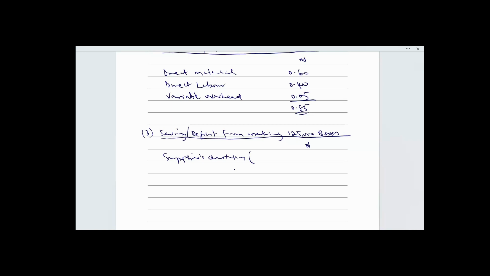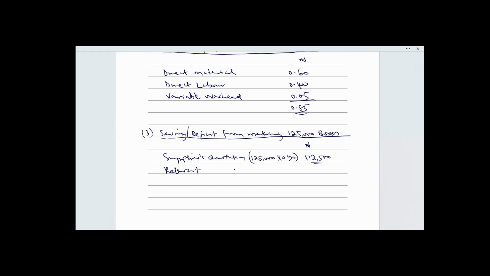We have 125,000 boxes multiplied by the supplier's quotation of 90 kobo. Somebody should give me the answer. What do you get? 112,500. Thank you. So that represents the supplier's quotation.